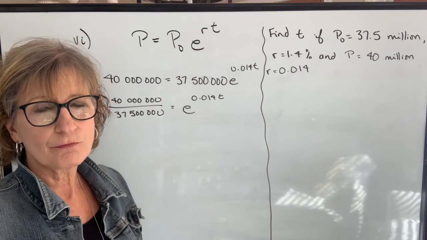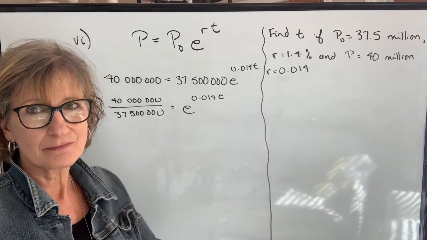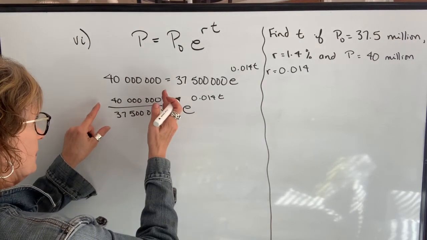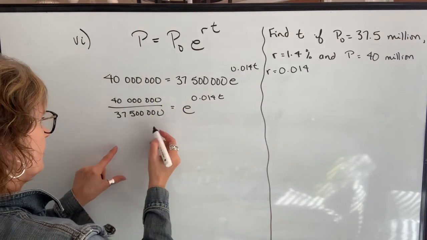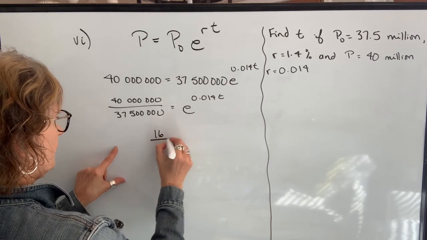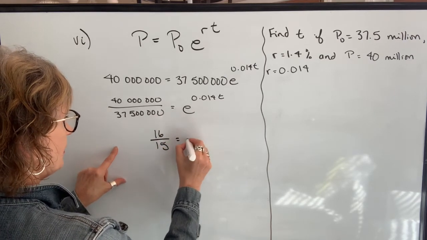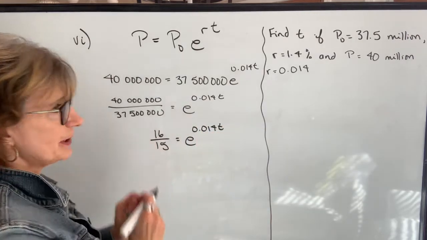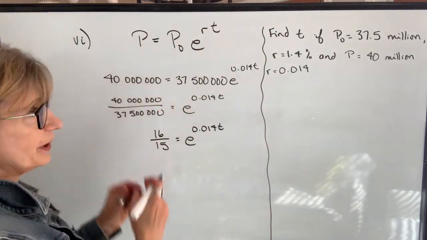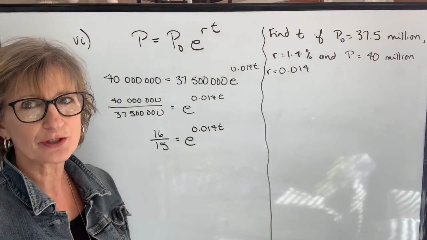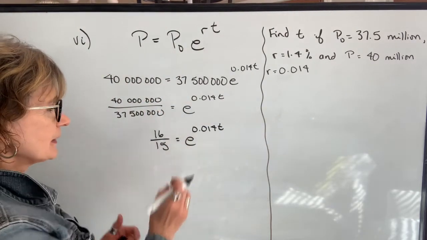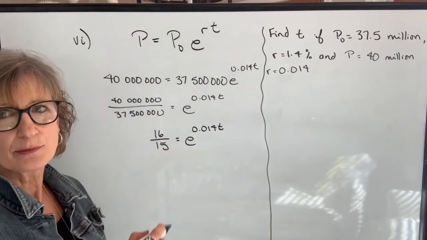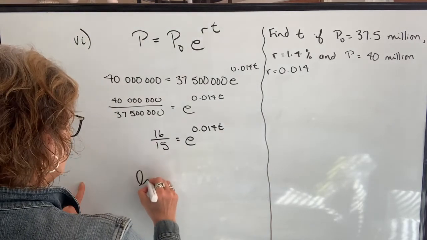So instead of doing the division and writing it as a decimal, I'm going to just reduce this fraction, and it will be 16/15. And that way I can keep it exact. I just want to keep it as an exact value, and I don't want to keep this whole big value. So I just did a bit of reducing. Now that I have it simplified, now I can take the log of both sides. My base is e, so I'm going to take the natural log of both sides.